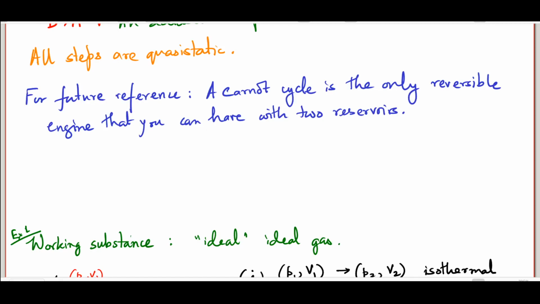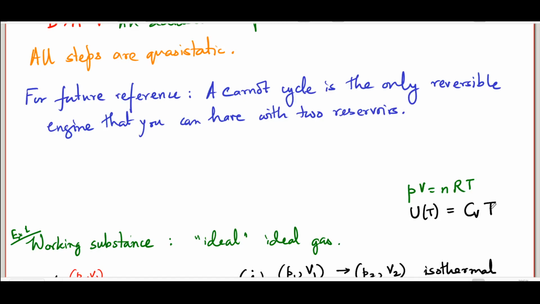Now, let us directly calculate explicitly the efficiency of the Carnot cycle with some special choice of a working substance. The first calculation that I am going to do is one involving the ideal gas. Let me remind you that this is a gas which not only obeys PV equal to nRT, the standard ideal gas equation of state, it also obeys along with it a special version of Joule's law.